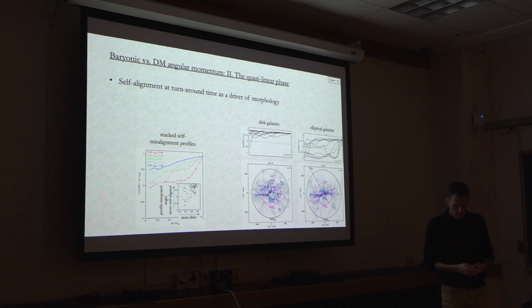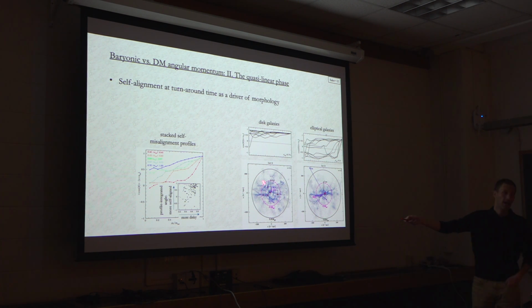Another interesting point about the quasi-linear phase is from a paper a few years ago that found that these galaxies tend to form in regions where the large-scale structure is well aligned with itself as a function of radius. So what's shown here, for example, are 2 galaxies. This region will form into this disk galaxy, and this region will form into an elliptical galaxy.